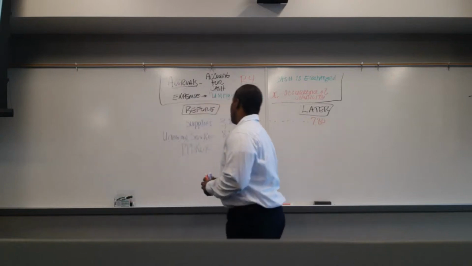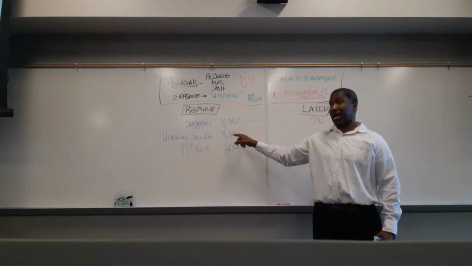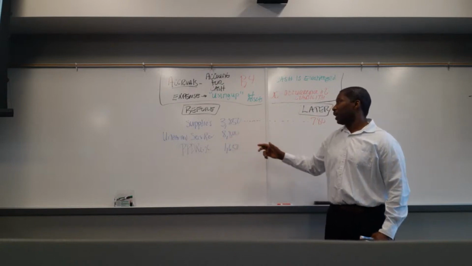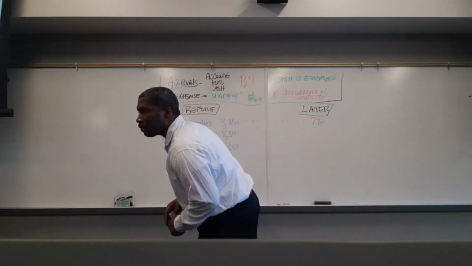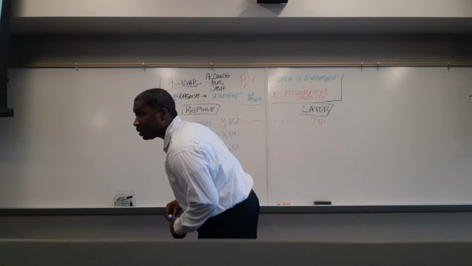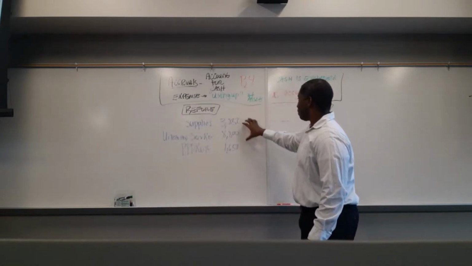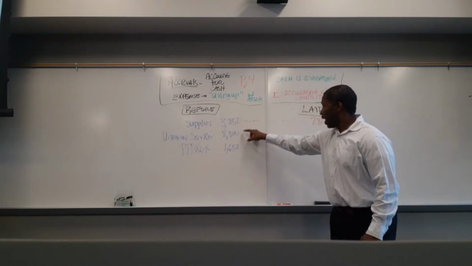Now, I started off with unearned service revenue. That means I received money, cash, and had not done any work yet. It's okay if you have a contract with that, okay? Now, by saying that, look, I have services that had been performed to the unearned revenue account. If it's been performed, that's going to come somewhere here, right? How do we get from here to here? By stuff that happens in between.